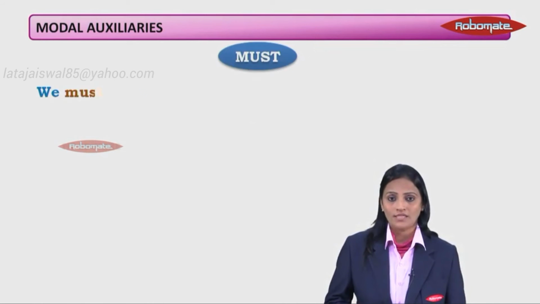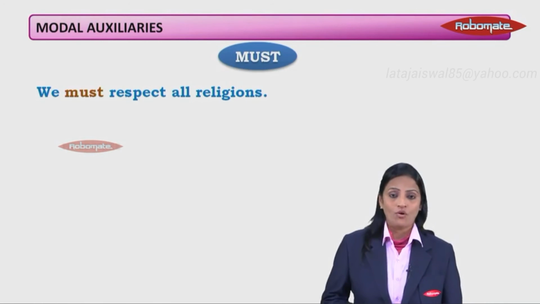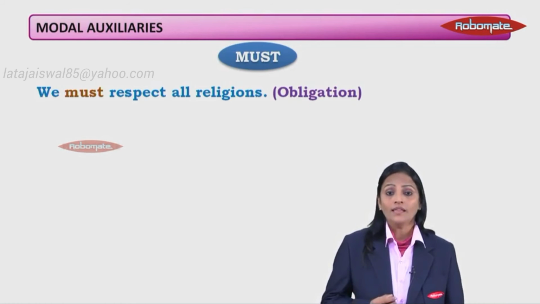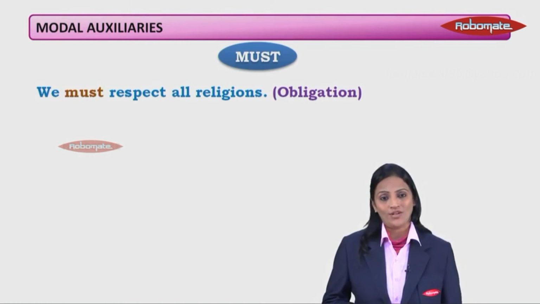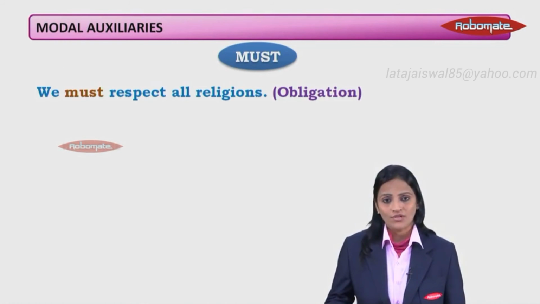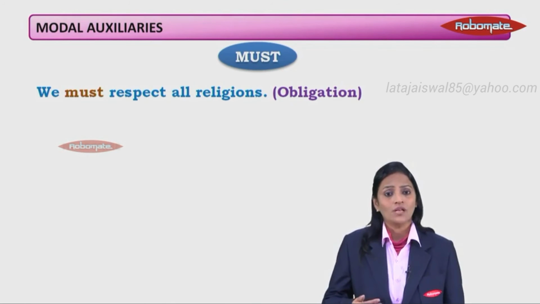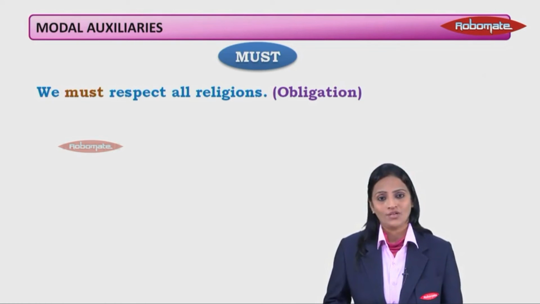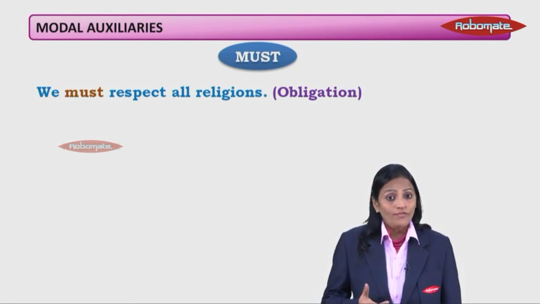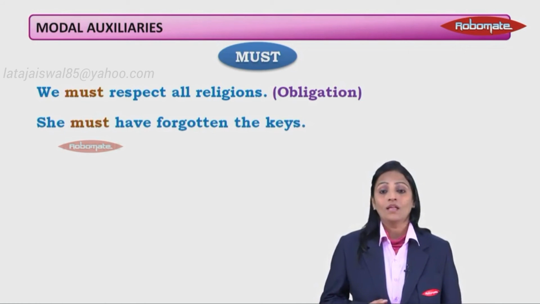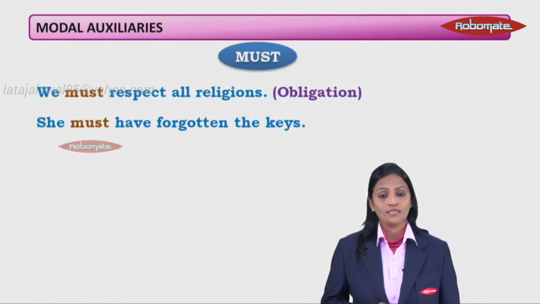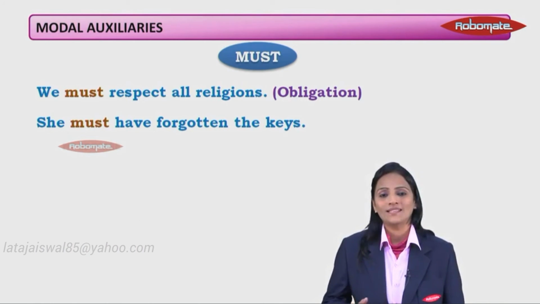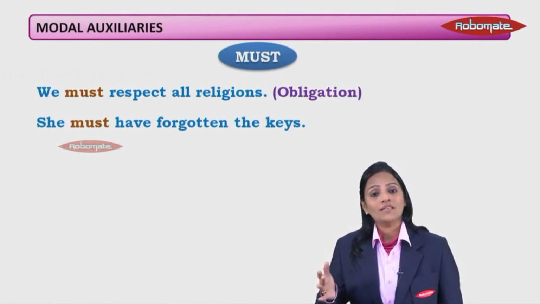Next one, must. We must respect all religions. Though, students, this does sound a little stronger. In this case also it is still obligation because respecting religion or respecting someone is not legally binding on us. Okay, so here it is an obligation, something that we know, we feel we should do. She must have forgotten the keys. Now in this case, students, here it is as if you are guessing something. This must have happened.